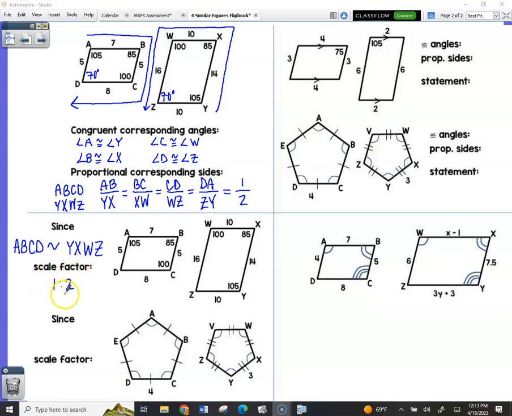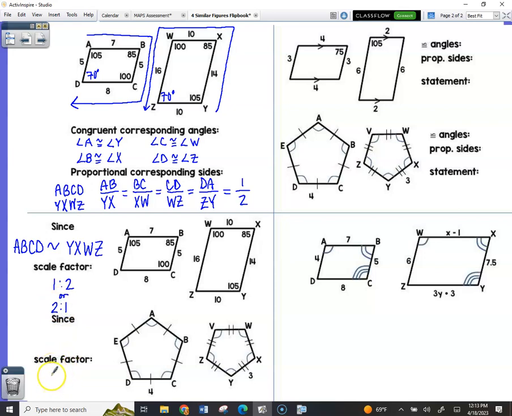We don't really know if it's getting bigger or smaller. They don't show us an arrow or tell us a direction to go. So when you don't know that, you can just write the two numbers side by side, and there are two right answers. You could write 1 to 2, or you could write 2 to 1. You could write either one of these, and you would have the right answer. Okay.